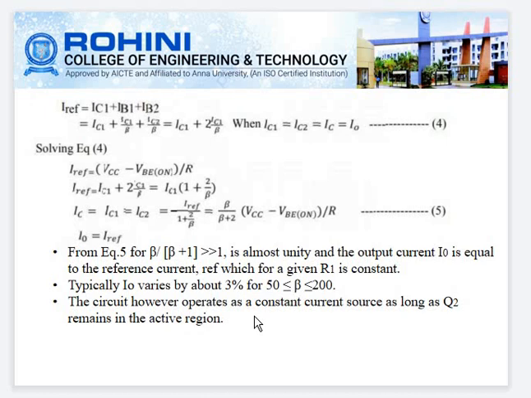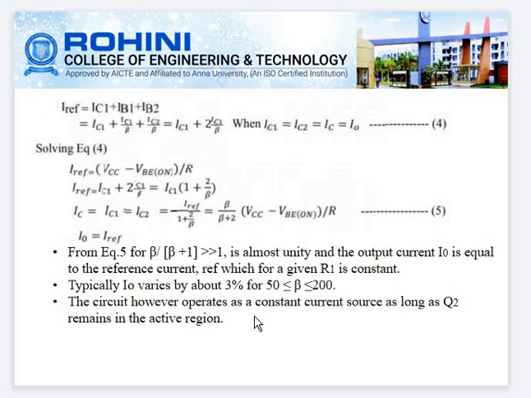So the reference current is equal to VCC minus VBE by R. So the reference current is equal to IC1 plus 2 IC1 by beta, that is IC1 into 1 plus 2 by beta. So IC1 equal to IC2 equal to the collector current IC, that is equal to the ratio of reference current by 1 plus 2 by beta, that is equal to beta divided by 2 plus beta into VCC minus VBE by R. So the output current is equal to the reference current.